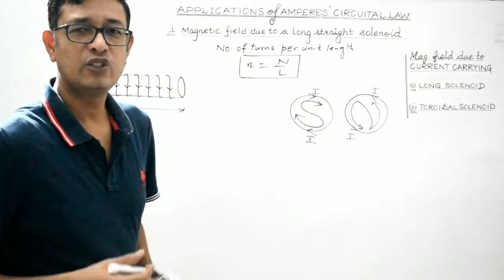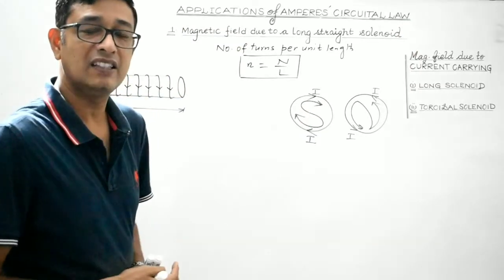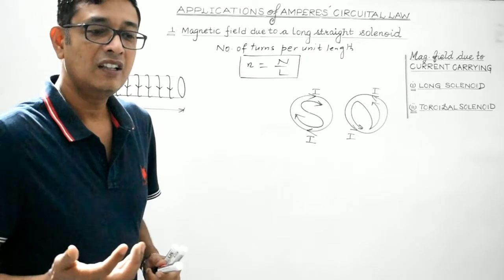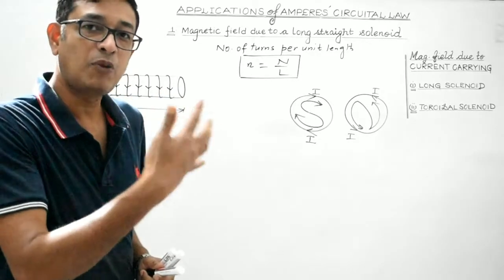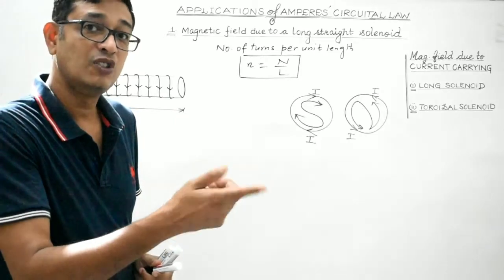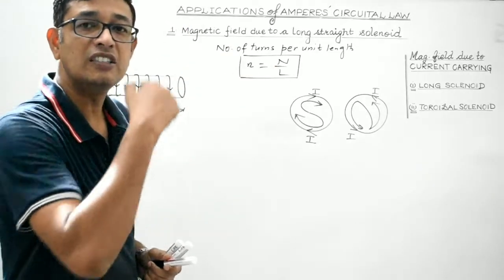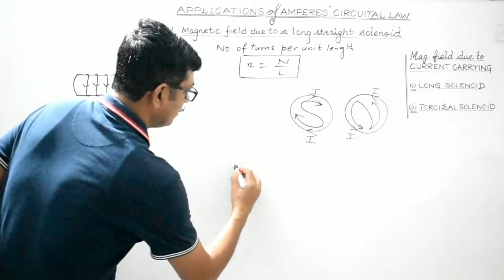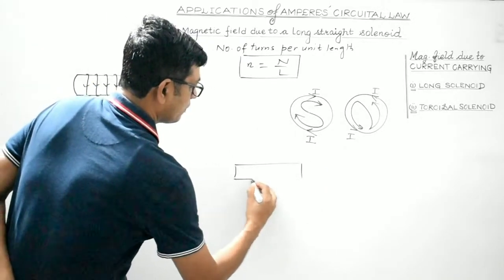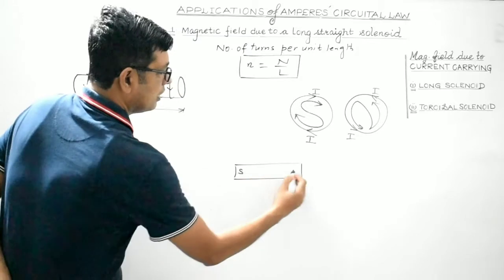And magnetic field lines, as you are aware, students, inside the body of the magnet are directed from south to north, while outside the body of the magnet they are directed from north to south. So they form continuous closed loops. It's like this. Suppose this is a magnet. This is south and this is north.